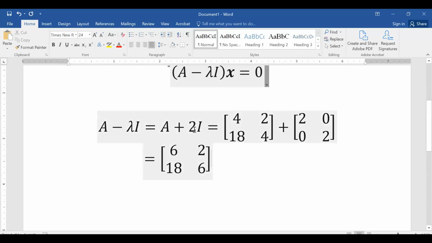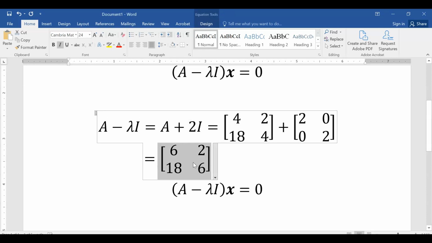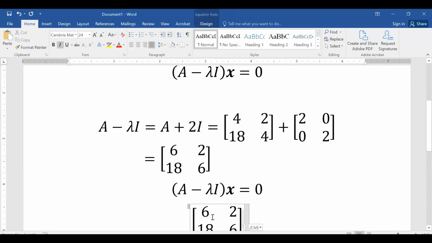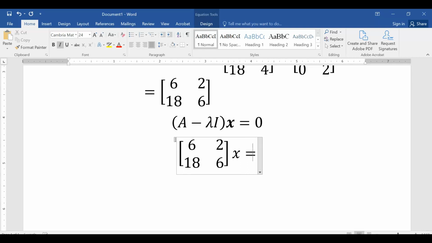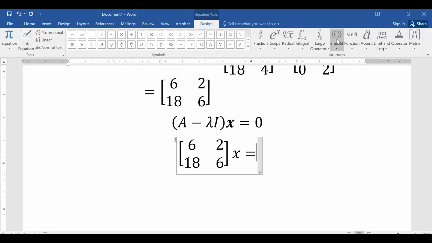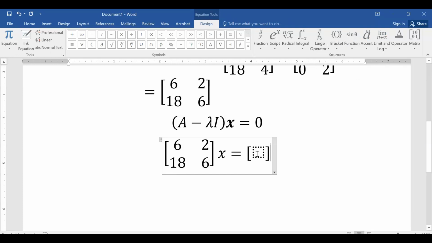All right? So what we're looking to see is if this homogeneous matrix equation has a solution. Which basically is asking me, does 6, 2, 18, 6 times a 2 by 2 vector equal the 0 vector?